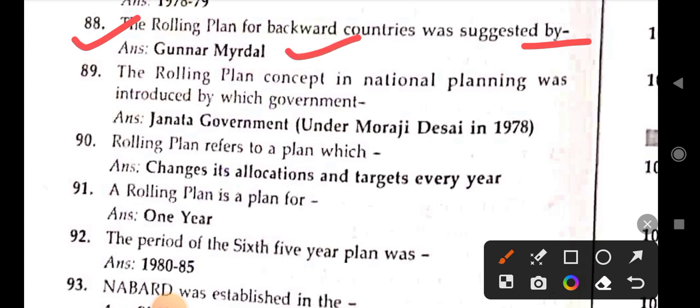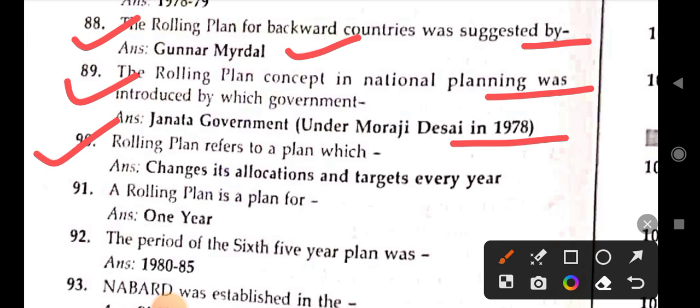Next, the rolling plan concept of national planning was introduced by which government? Janata government under Morarji Desai, 1978. Rolling plan refers to a plan which changes its allocation and targets every year. A rolling plan is a plan for 1 year.